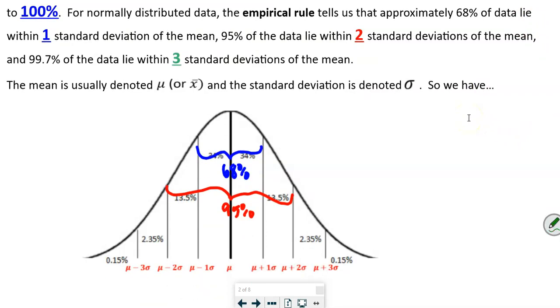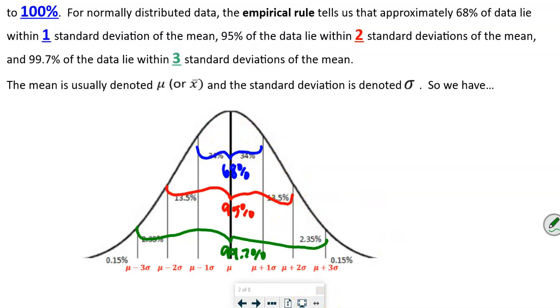Once we get to three standard deviations, that's out here, and we're now at 99.7% of our data. That's because we only have 0.15 and 0.15 left outside of three standard deviations away from the mean. As we work through these problems today, we're going to use these values.